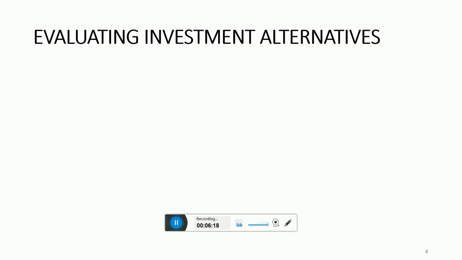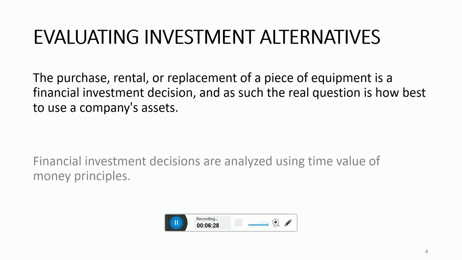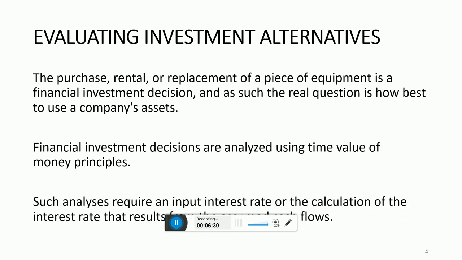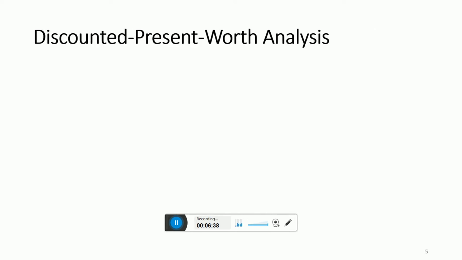Such analysis usually requires an input interest rate or calculation of the interest rate that results from the assumed cash flows. The financial investment decisions are analyzed using the time value of money principle, which we have already discussed.